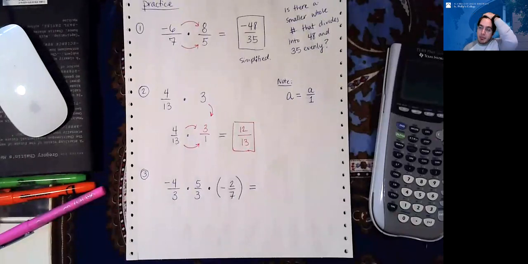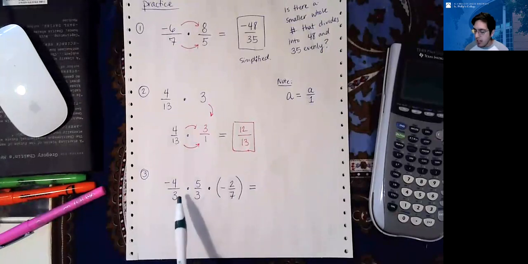Any ideas? What was the question? If I have negative 4/3 times 5/3 times negative 2 over 7, what should the result be? I got 24 over 63 positive.